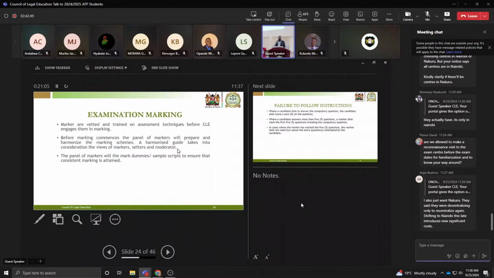So what happens is that maybe in one question, the setters might have given these answers, and the markers might have added some answers to that. So what we need now is a comprehensive marking scheme. And there are situations where a question can attract two responses. All those responses are supposed to be captured.